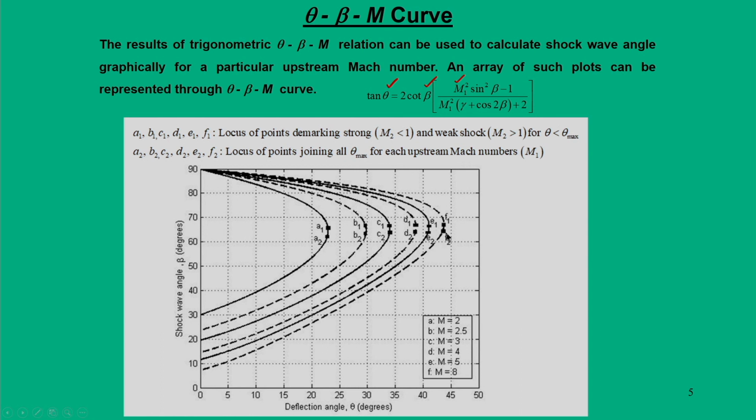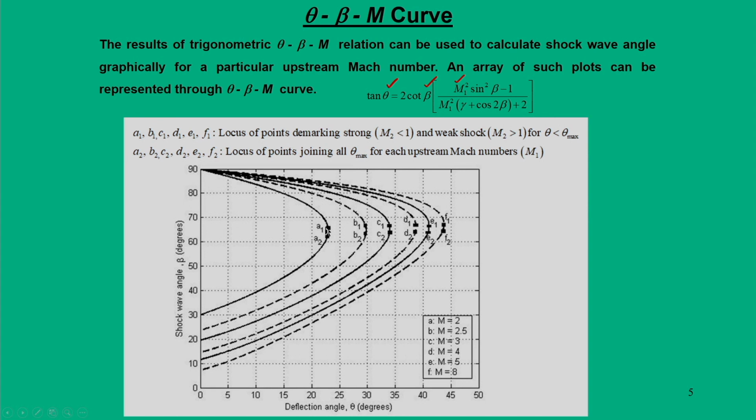This is the first category. The second category points can be denoted as A1, B1, and so on. If you talk about the downstream Mach number, that is M2, M2 becomes subsonic at one particular solution point.